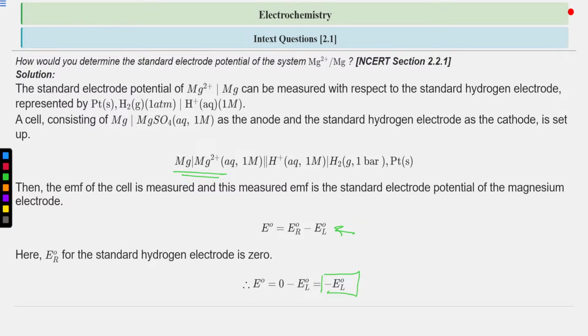If you know the value, you can put it here and determine the standard electrode potential of the system Mg2+ to Mg. This is the way you can solve this question.